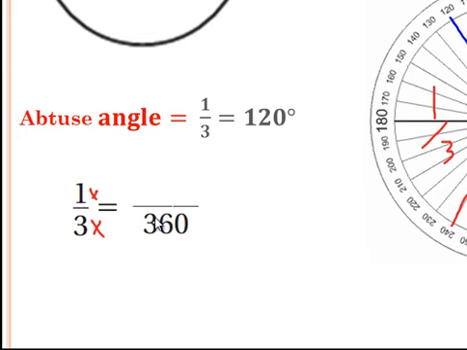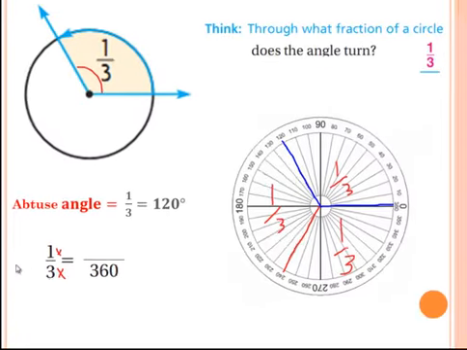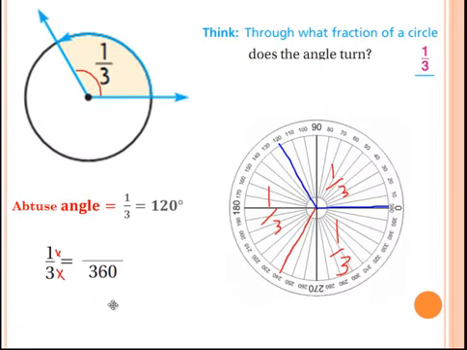1/3 equals how many parts over 360? 3 multiply what equals 36? Think please. 3 multiply what equals 36? Exactly 12, you are right.